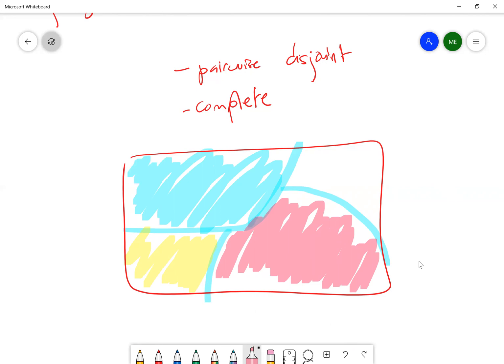Now, if you notice, I have this little glaring area over here that I haven't covered. So this partition scheme would be considered incomplete. That doesn't work. The partition scheme has to be complete.